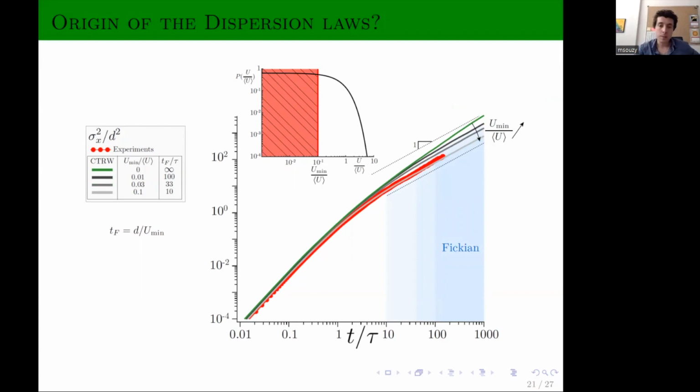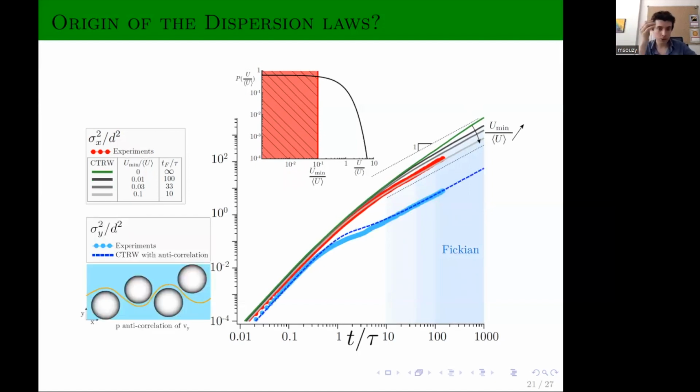Eventually we get back to the result that we measure experimentally, moving to a Fickian regime for these values of the minimum cutoff velocity. And we can do this both in the longitudinal direction and in the transverse direction, using some anti-correlation in the continuous time random walk. Here again, we get something very similar to what we measure experimentally.